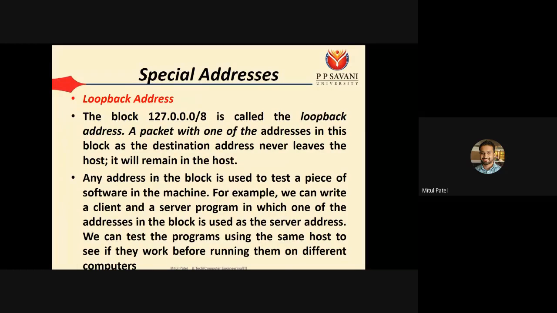You don't have any other PC, so you can consider your own machine as the source and your own machine as the destination. You can open two different windows. In one window the client messenger is running, in another window the server messenger is running. For that you need to set the destination address as 127.0.0.0/8. When you use this type of address as the destination address, your own machine is working as a client and your own machine is working as the destination.